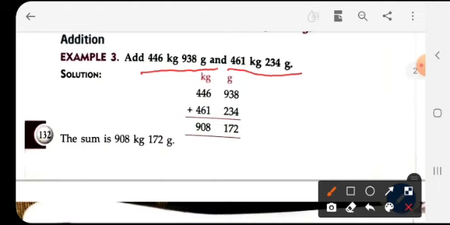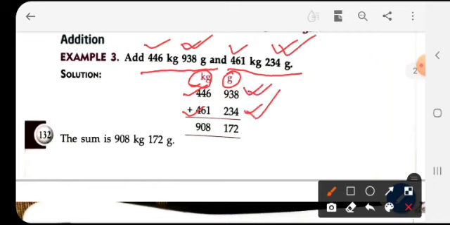So make 2 sections with the heading kilograms and grams. Put the kilograms under the kilogram column, and the grams in the grams column.